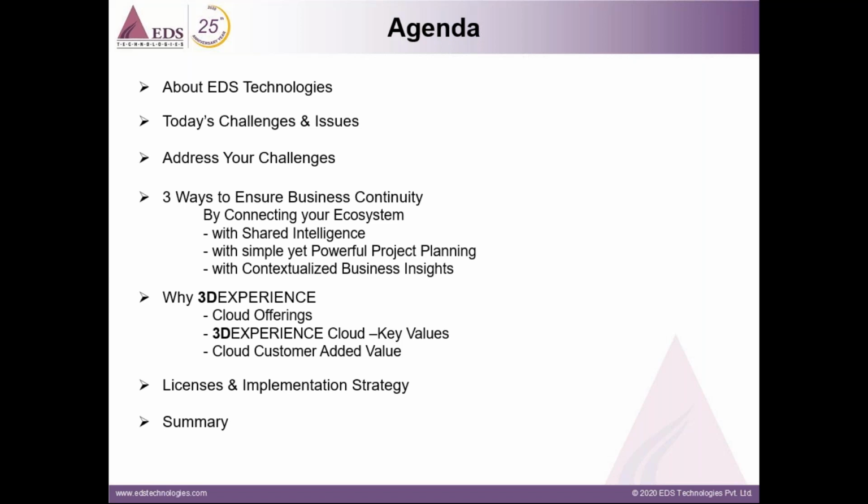And typically the 3 ways of how to ensure business continuity by connecting your ecosystem using the solutions that I'm going to explain in the following slides, which cover shared intelligence, powerful project planning, and contextualized business insights, which take inputs from your social media and so on, followed by why 3D Experience, why you should look at the 3D Experience platform as a solution with all the offerings available as part of the system, 3D Experience Cloud key values, and the customer added values, which we'll be touching upon.